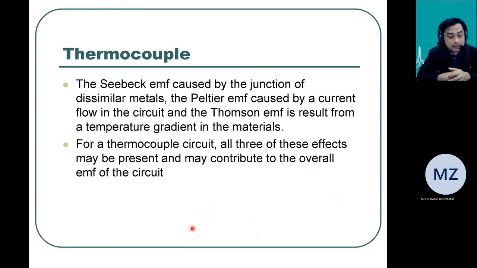So the Seebeck effect is caused by the junction of dissimilar materials. We have two junctions of dissimilar materials, and at the junctions we have different temperatures, then it can create EMF. At one particular joint, the Peltier effect is happening.